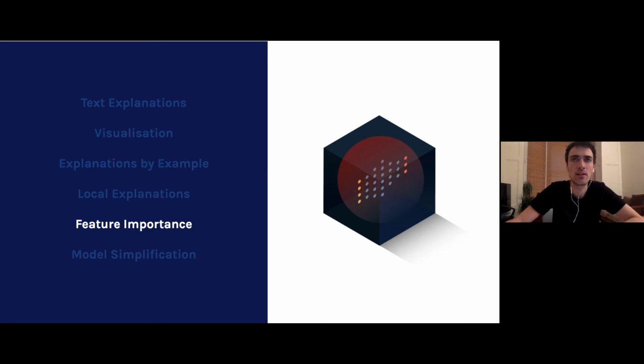And last but not least, we have model simplification, which is where we train a transparent model to try approximate the behavior of the original complex model, and then we focus our efforts on explaining the simpler model instead of dealing with the full complexity of the original model.